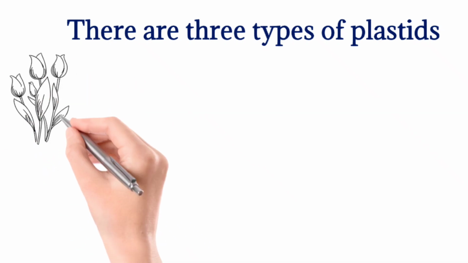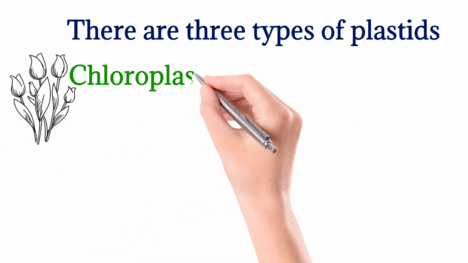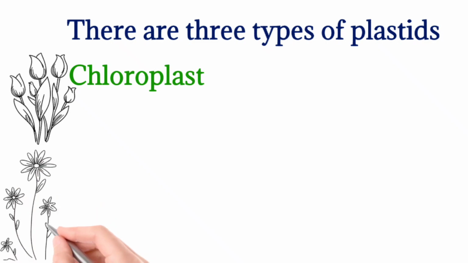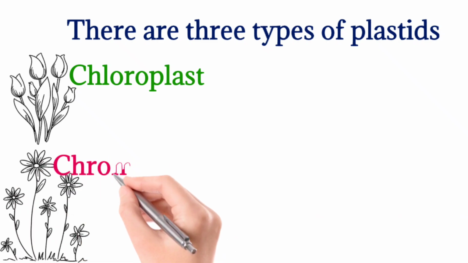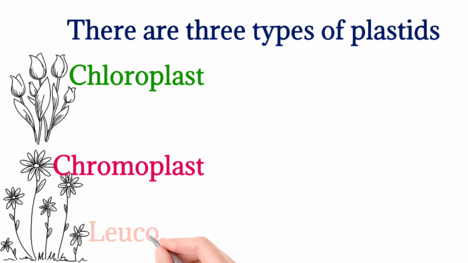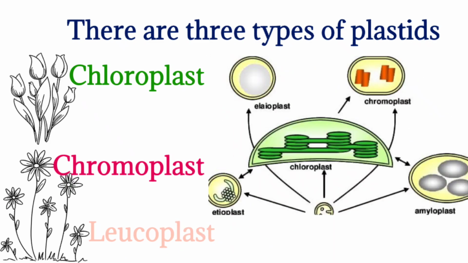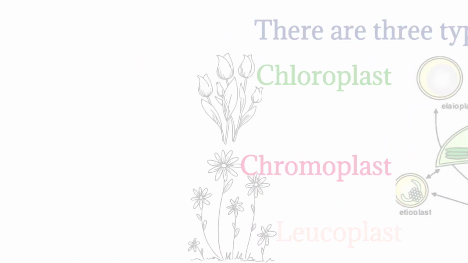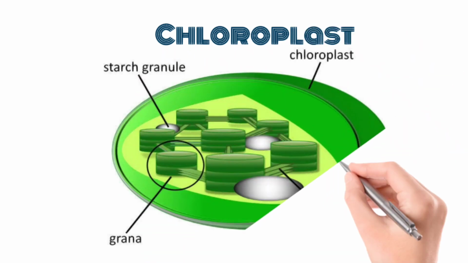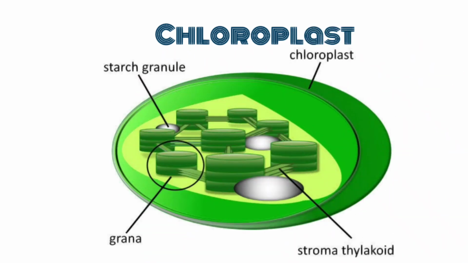Now, these are the Chloroplast, that is green in color, and other one is called Chromoplast, that is multicolor, and Leucoplast, that is having no color. Now we will discuss each type of the plastids. Number one is Chloroplast. This is the figure of a chloroplast.